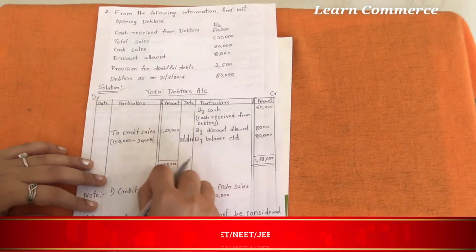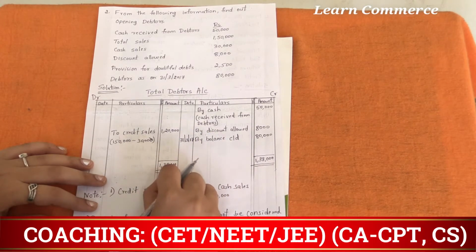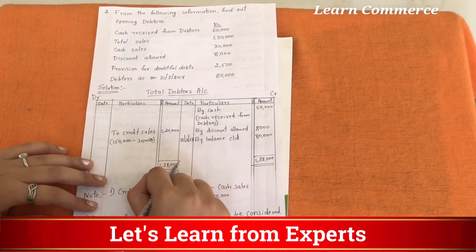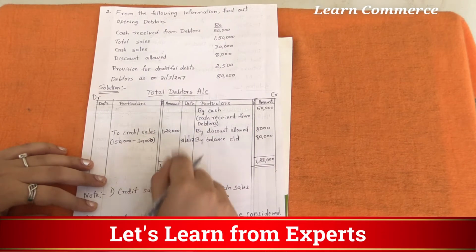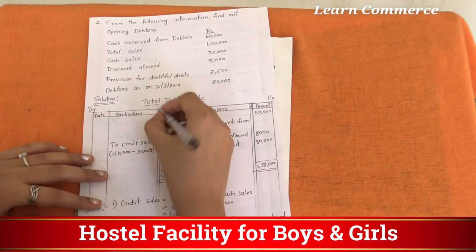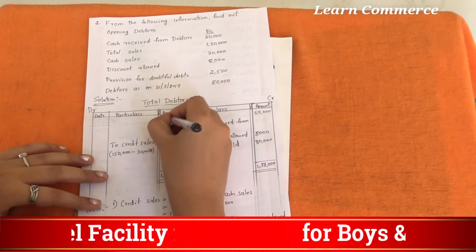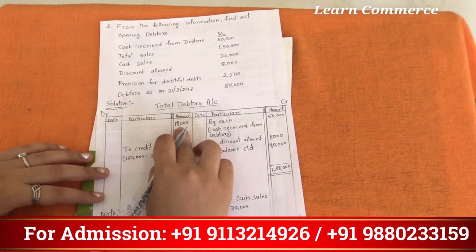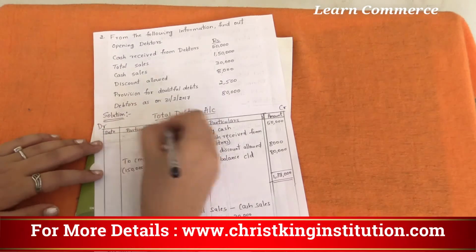From 1,38,000 you should deduct 1,20,000, and you get 18,000. This is nothing but opening debtors. Write it here, opening debtors.